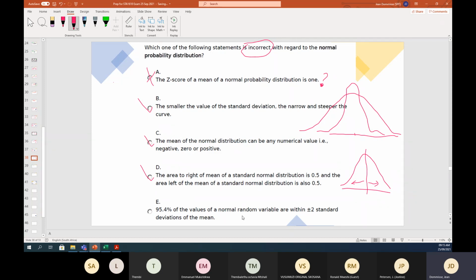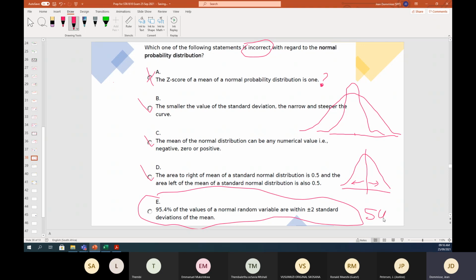95% of the values of a normal random variable are within 2 standard deviations of a mean. Okay, this one, if you look at the table that they actually share in study unit 8. So they don't always say that in the study unit, but this they have taken just out of your study unit 6.